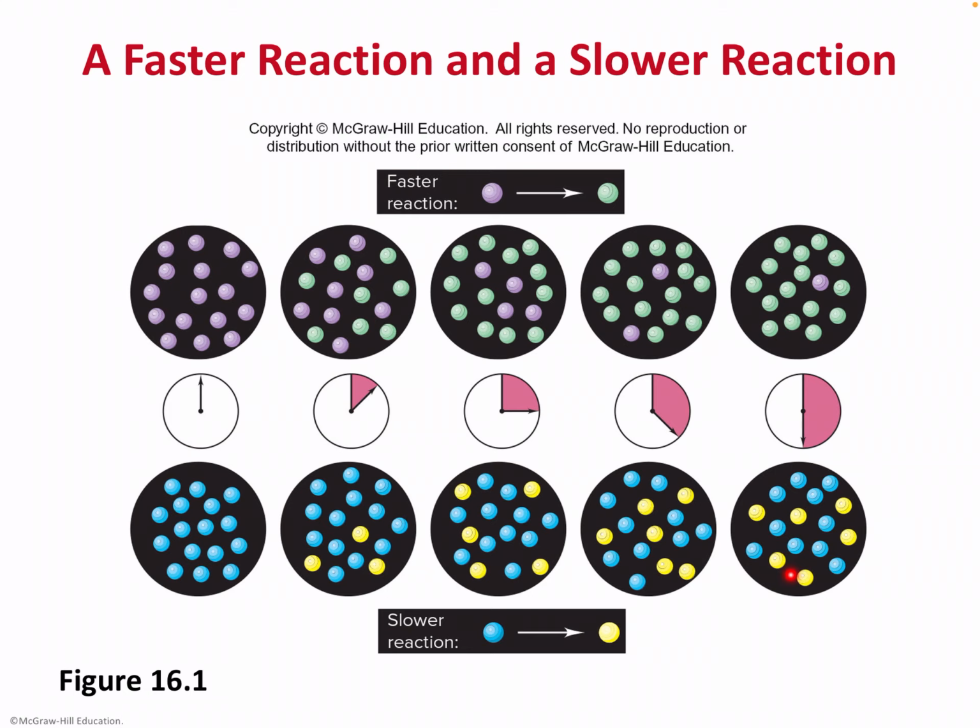So some of the blue has turned to yellow, but there are more blues left over, meaning that is a slower reaction. So with the same time period, we can have faster reactions and we can also have slow reactions. We should be able to find out or calculate the rate of a reaction. That is what we are going to learn. So understanding what is a faster reaction and a slower reaction is beneficial for us.